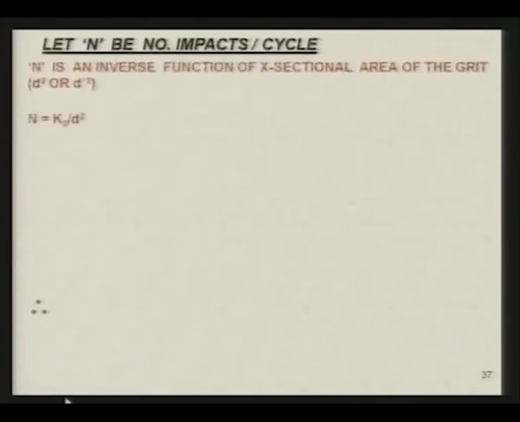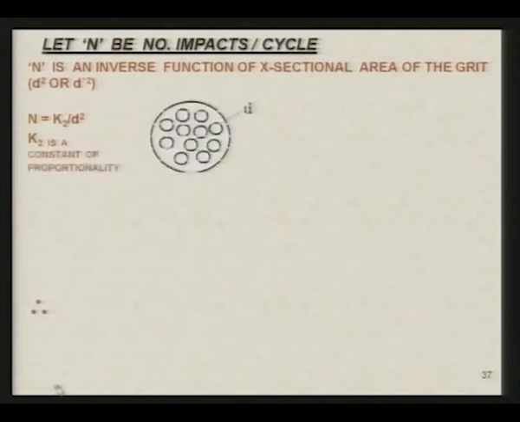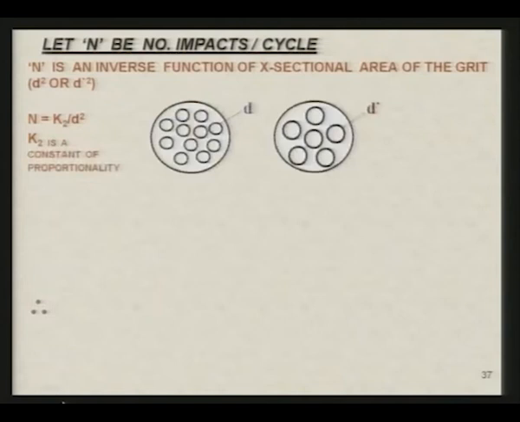Now, let n be the number of impacts per cycle, where n is an inverse function of the cross sectional area of the grit, whose diameter is d. Now, let us see here two figures. On the left side there are abrasive particles of the smaller size having diameter d, and on the right side you have the abrasive particles of the larger size.